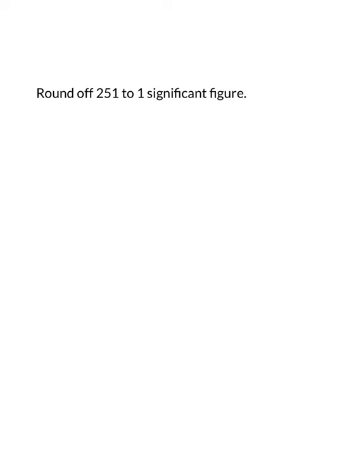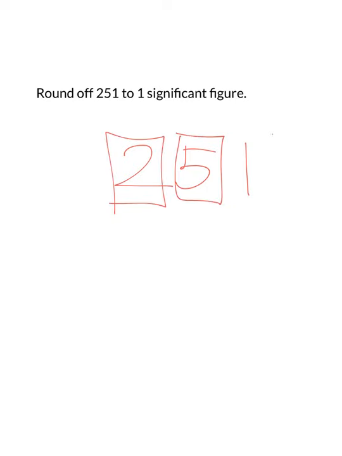By using the same concept, if we want to round off 251 to one significant figure, is the result the same? Now we have 251, three numbers. If we want to select one number to represent the whole value, 2, 5, or 1, which one is better?